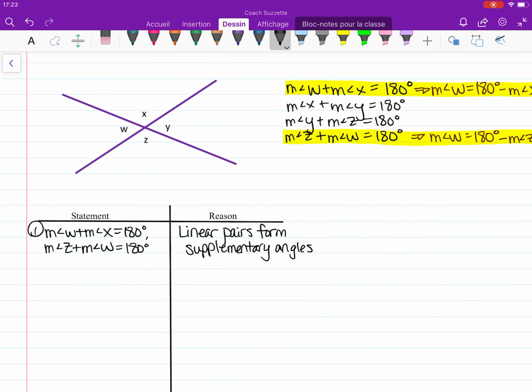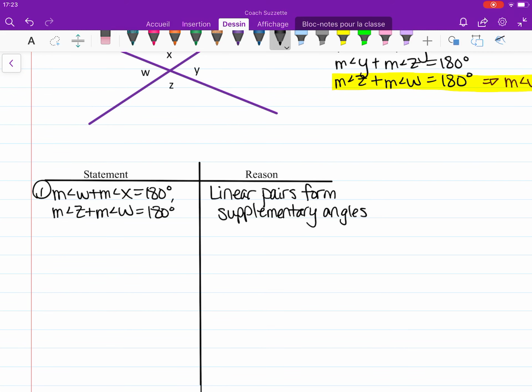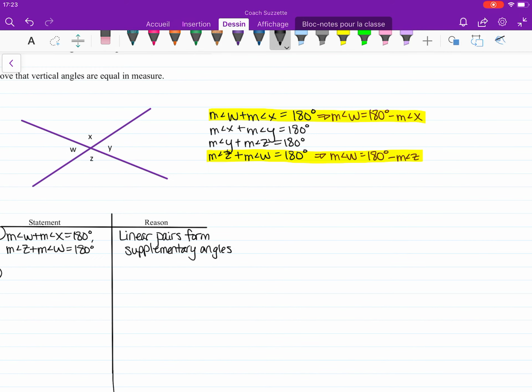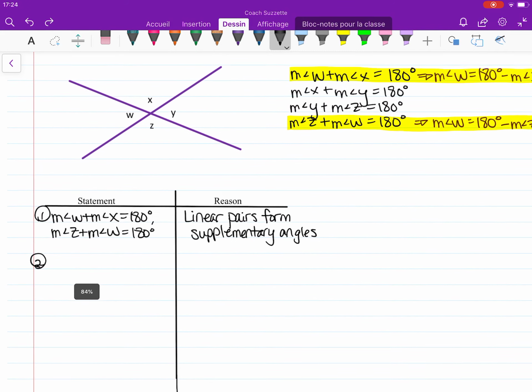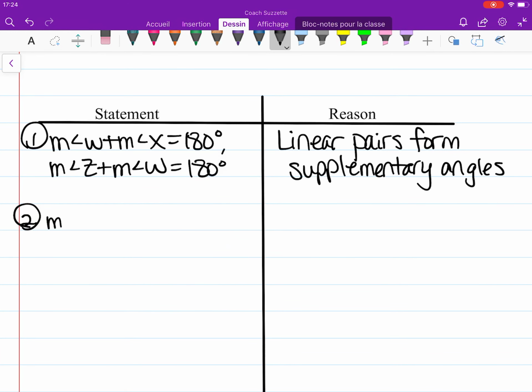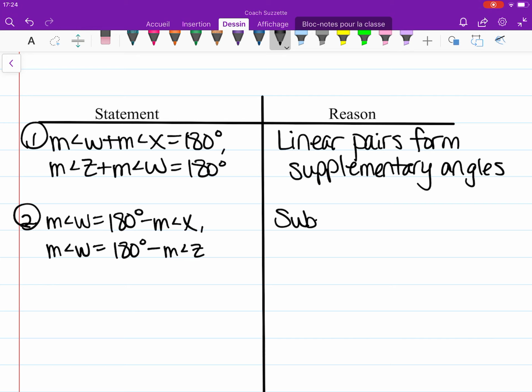Okay, now what? Well, next we can write these. So we have measure of angle W is equal to 180 degrees minus the measure of angle X, and then measure of angle W is equal to 180 degrees minus the measure of angle Z. That was just the subtraction property of equality.